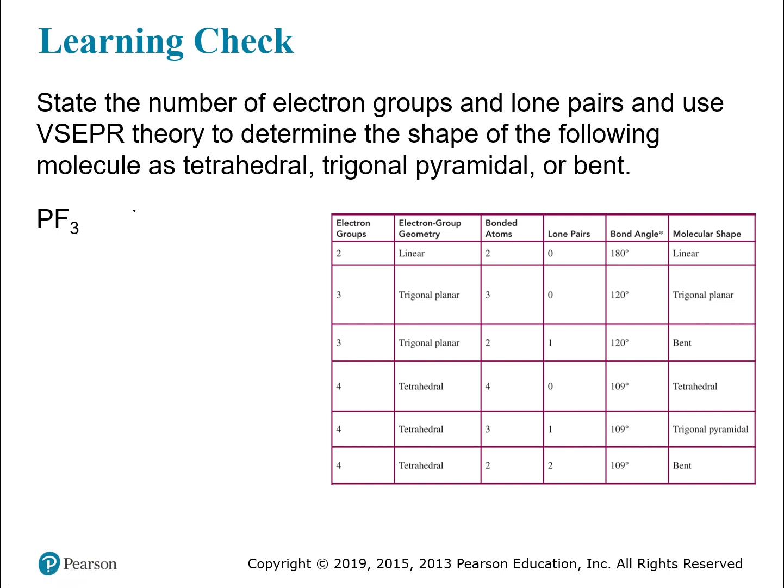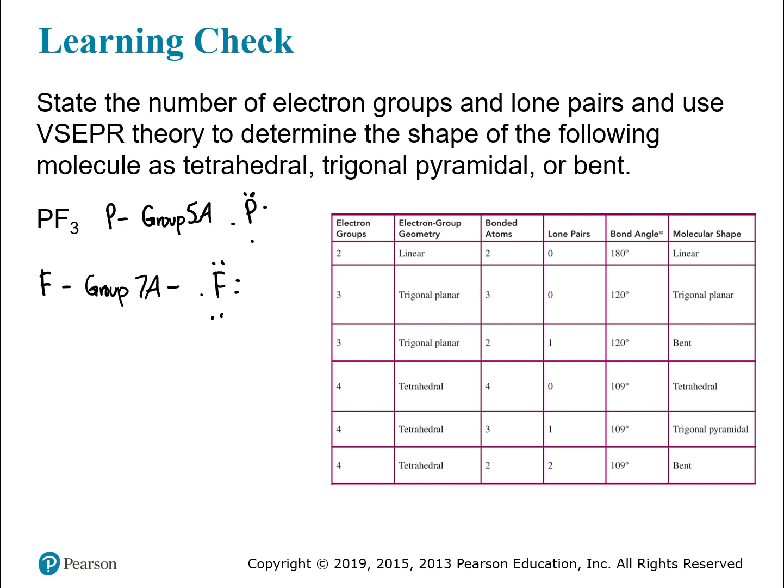As always, we start with drawing the Lewis structure for each of the atoms. Phosphorus is in group 5A. It's got 5 valence electrons. That is its Lewis structure. Fluorine is in group 7A. That is its Lewis structure with 7 valence electrons.